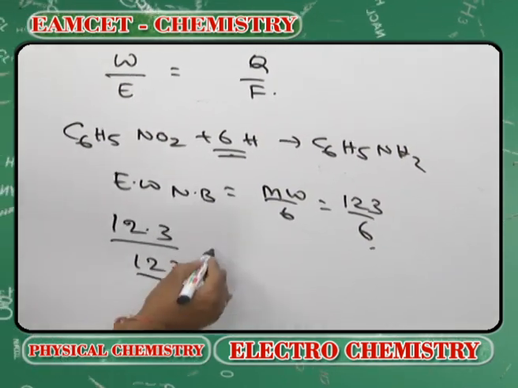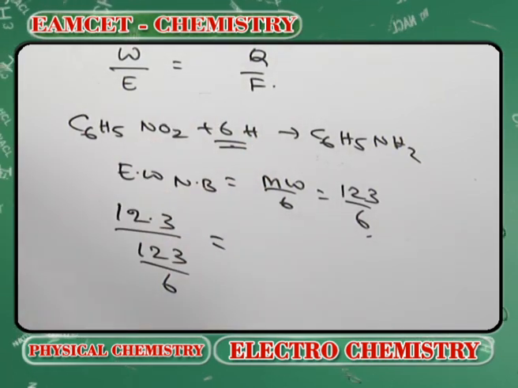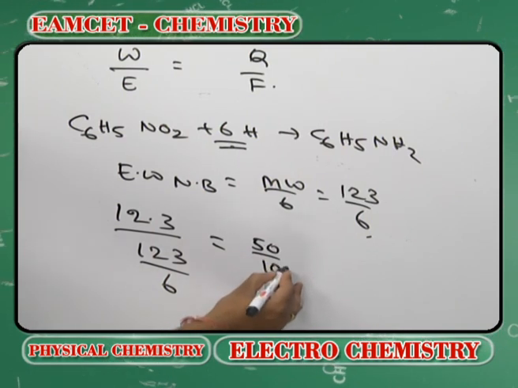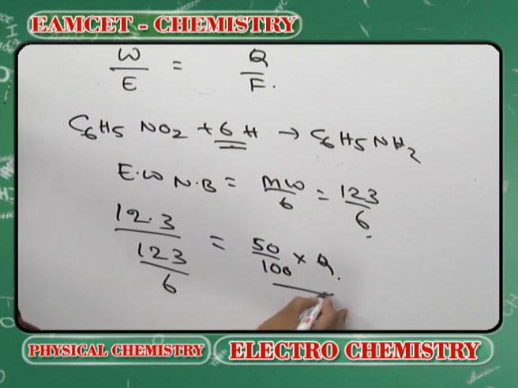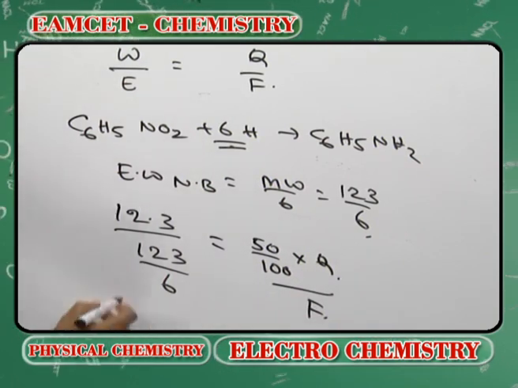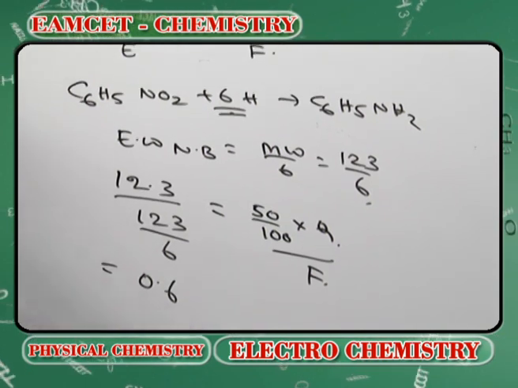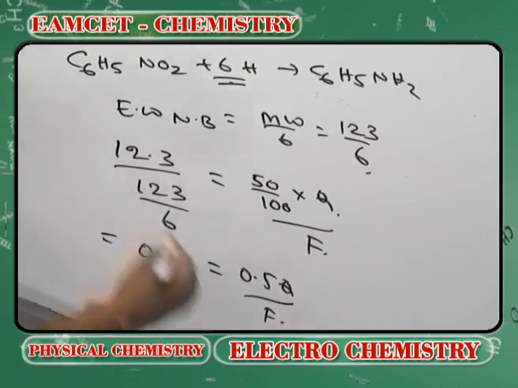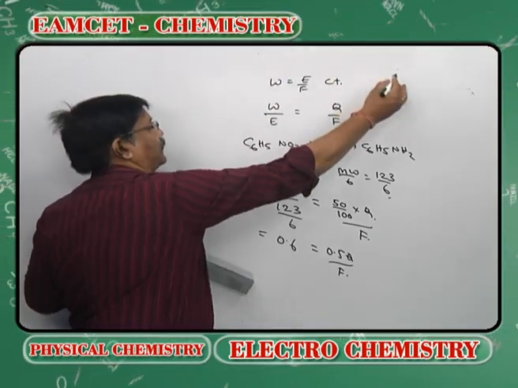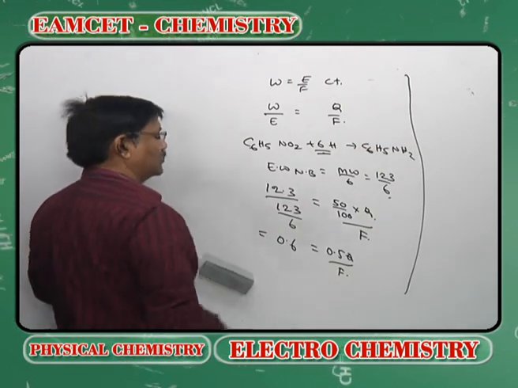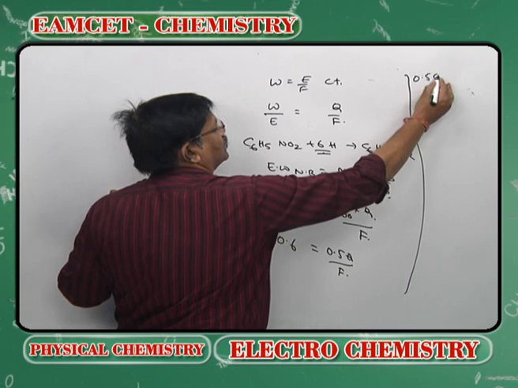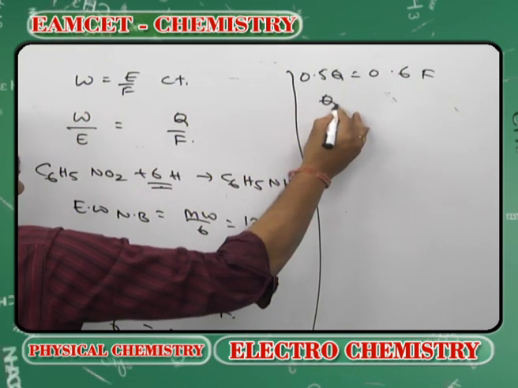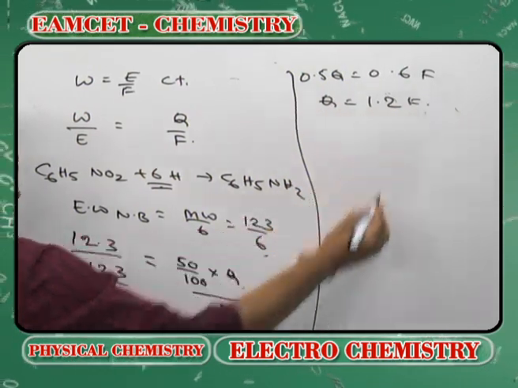Since the current is not working at full efficiency, Q must be taken as 50 by 100 into Q by F. On this side we get 0.6, so 0.6 is equal to 0.5 Q by F. So 0.5 Q will be equal to 0.6 Faradays, and Q will be equal to 1.2 Faradays.